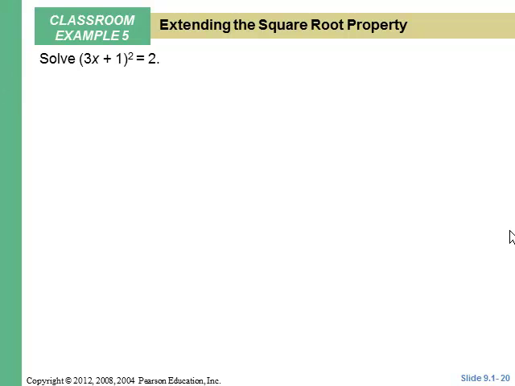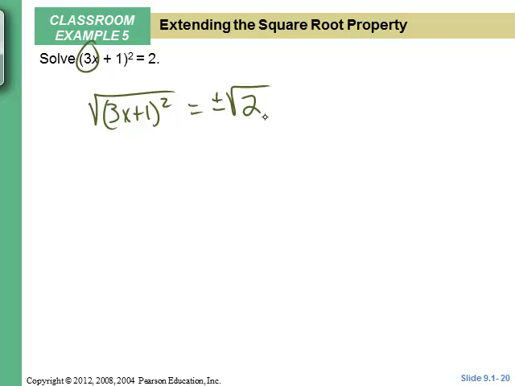What's different? Well, not much, except that this time the x has a coefficient. So we're going to take the square root of 3x plus 1 squared equals plus or minus the square root of 2. When we get done, we get 3x plus 1 equals plus or minus square root of 2.